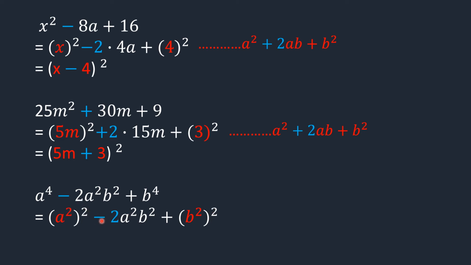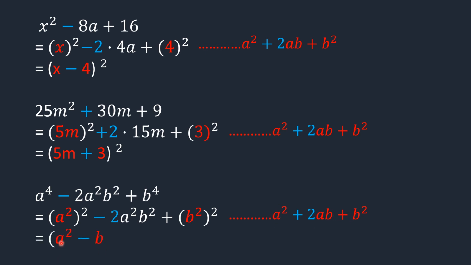Here the middle term is already in the form minus 2 times a squared b squared, which is of the form of a perfect square expression a squared minus 2ab plus b squared. We know how to write its factors.